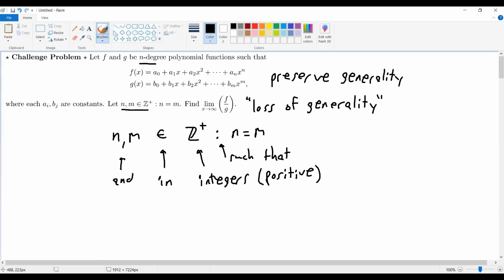When you see this string of symbols right here, that's really communicating, if I were going to say it in English, two positive integers such that n is equal to m. That's all that means. Does it seem a little bit redundant? Perhaps. But the reason we have to state this is because we need these to be the same. We need them to be n-degree polynomials.